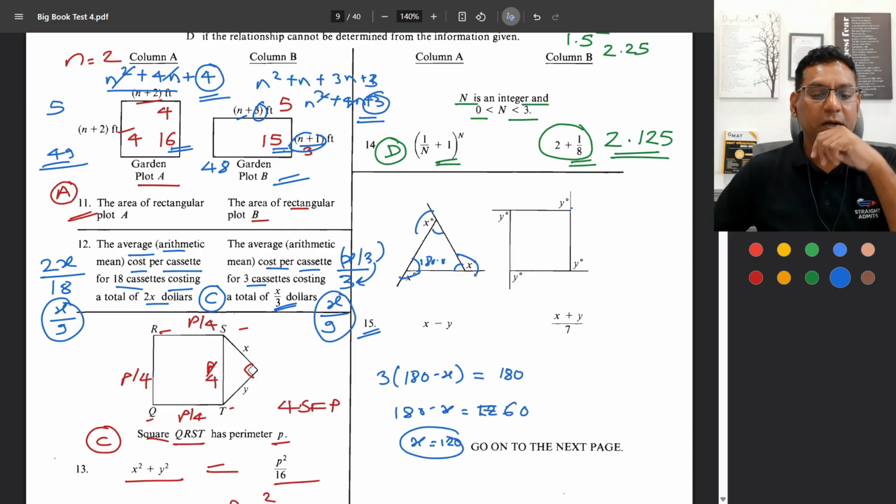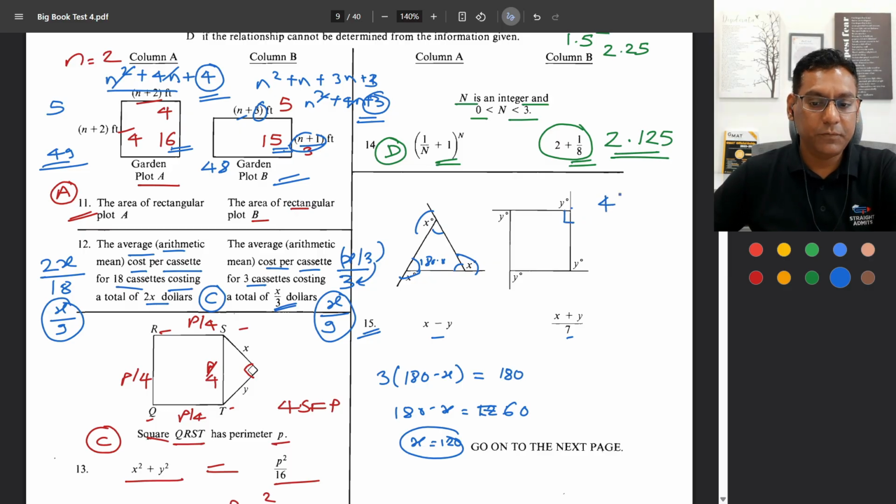If x is 120, let's also find out y. Then we'll be able to get into the actual question. Same thing here. This is 180 minus y and 4 times of that. It was 3 times here, this was 4 times here. So 4 times 180 minus y is equal to, now this is two triangles, right?